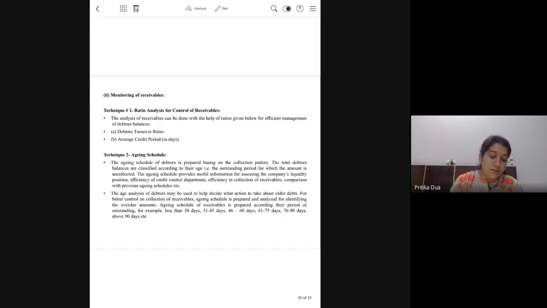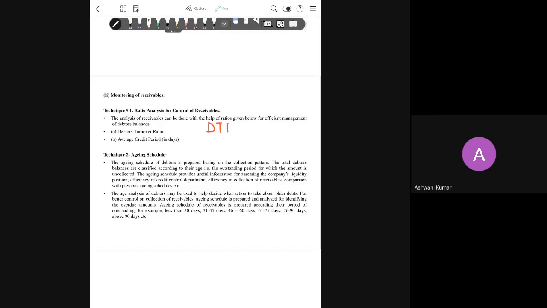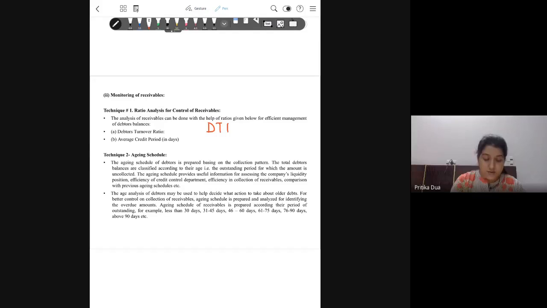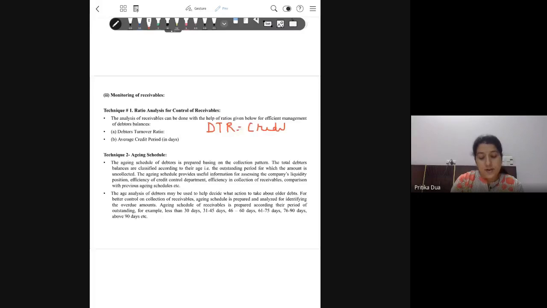Does anyone remember what was the formula of debtor turnover ratio? Total credit sales divided by average debtors. Very good. So the credit sales divided by average debtors, and under debtors you include both individual debtors and your bills receivable.